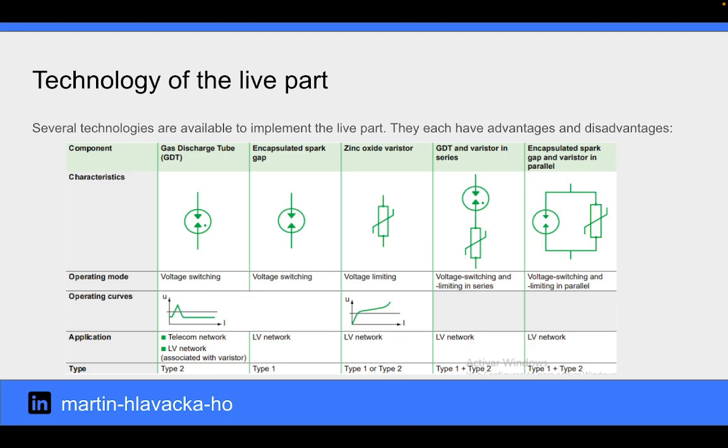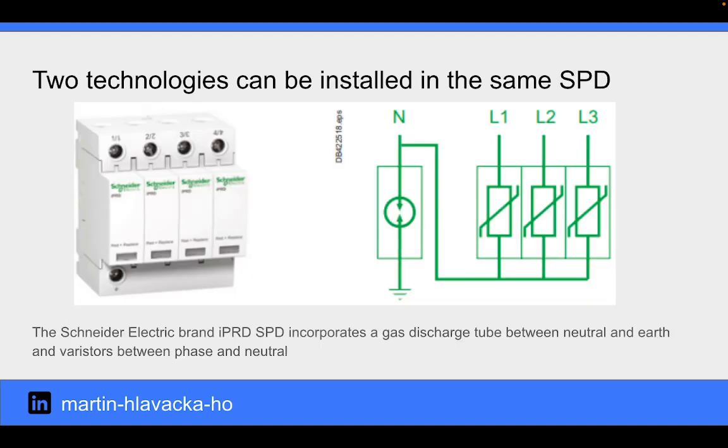Each of them has advantages and disadvantages. It is possible to incorporate two technologies in a single device. Some brands incorporate a gas discharge tube between neutral and earth and varistors between phase and neutral.